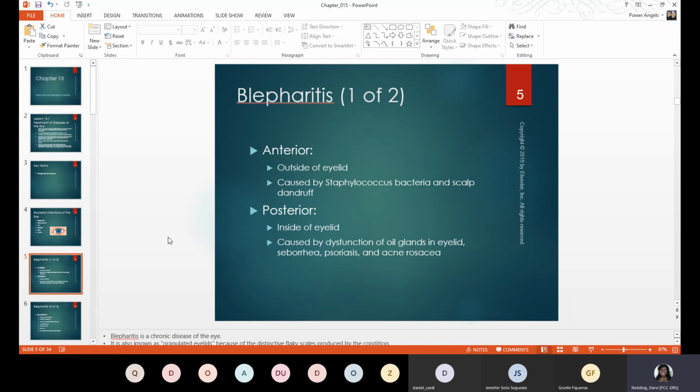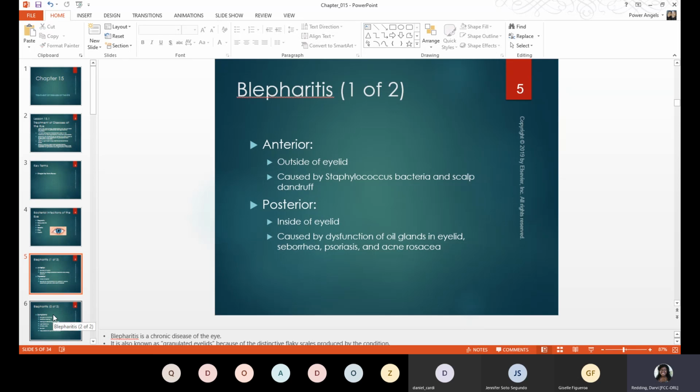The posterior is the inside of the eyelid, and blepharitis there can be caused by the dysfunction of oil glands in the eyelid, seborrhea and psoriasis, as well as acne rosacea. So these are some causes of that.